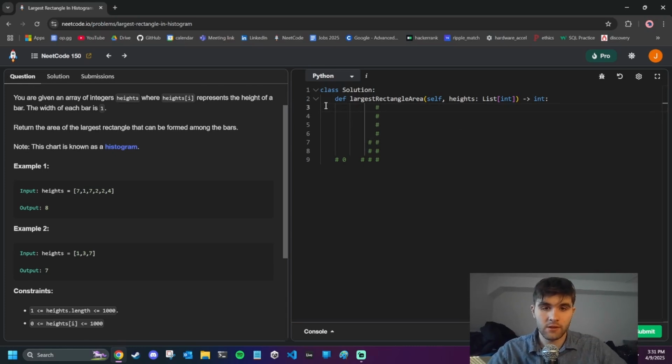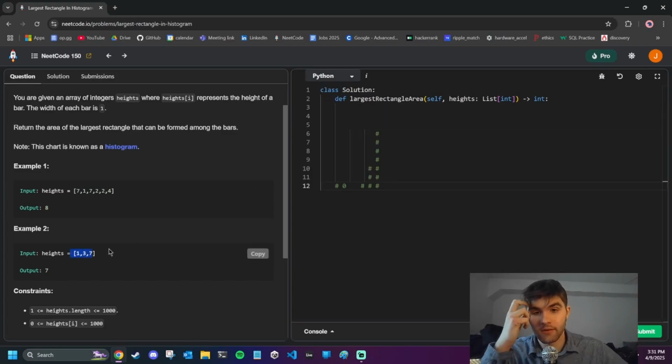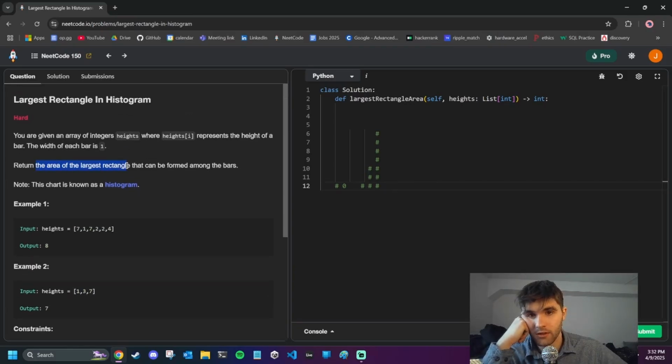Okay, so basically this information, 1, 3, 7, is represented here. So we have to get the max area. Return the area of the largest rectangle that can be formed among the bars.